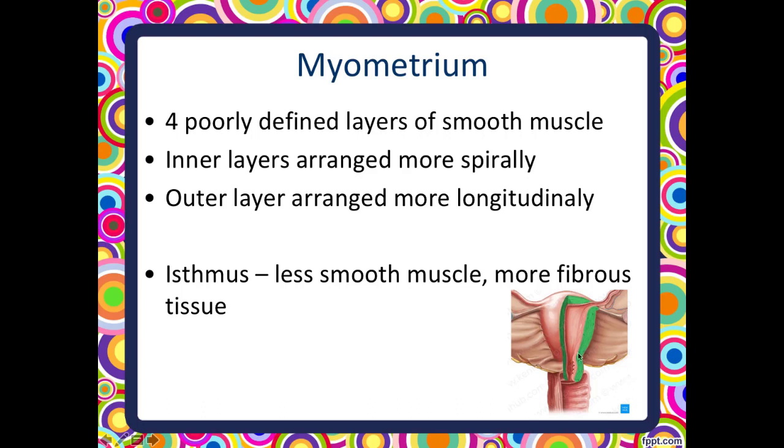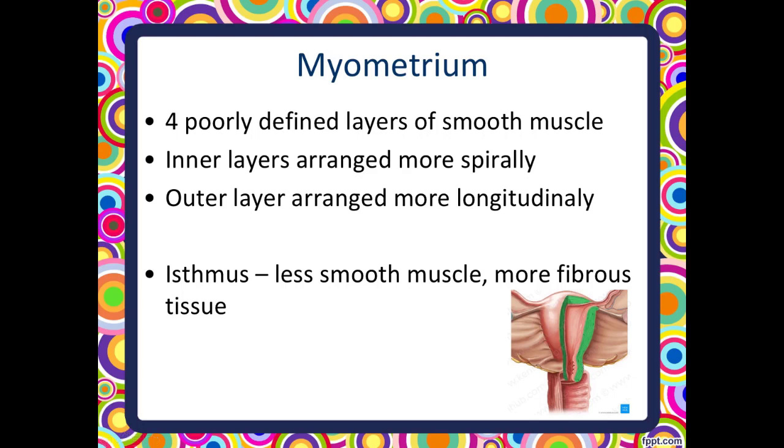Isthmus is a special part which does not contain so much smooth muscle. The wall is more fibrous here, and it's thinner than the corpus and fundus. The endometrium in the isthmus does not change so much. It changes just slightly.